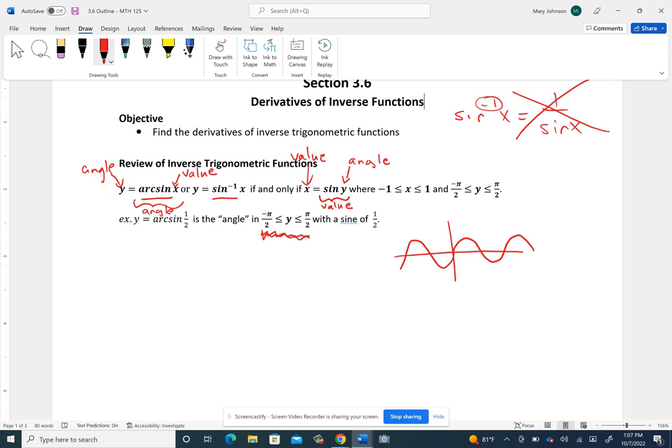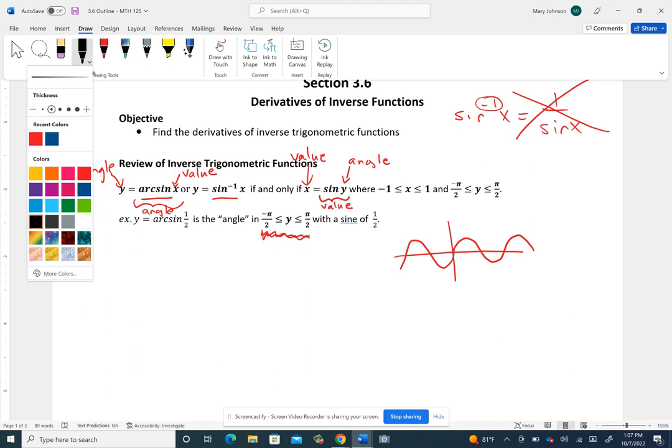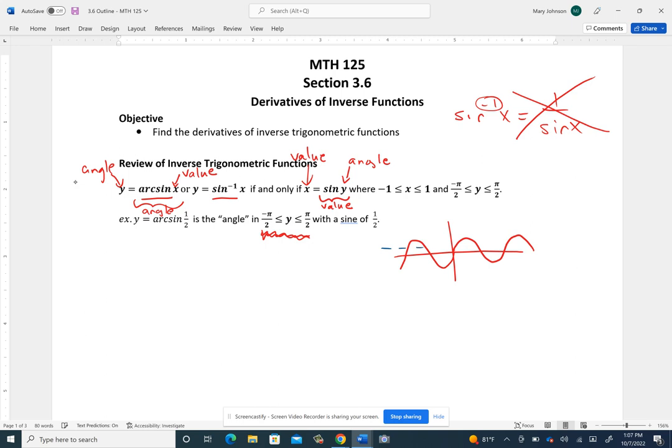So if we were trying to find the answer to the question, arc sine of 1/2, we're really trying to answer the question, what is the angle whose sine would be 1/2? And there'd be a lot of answers. Look at all these values here that would have wound up being angles that have a sine of 1/2.